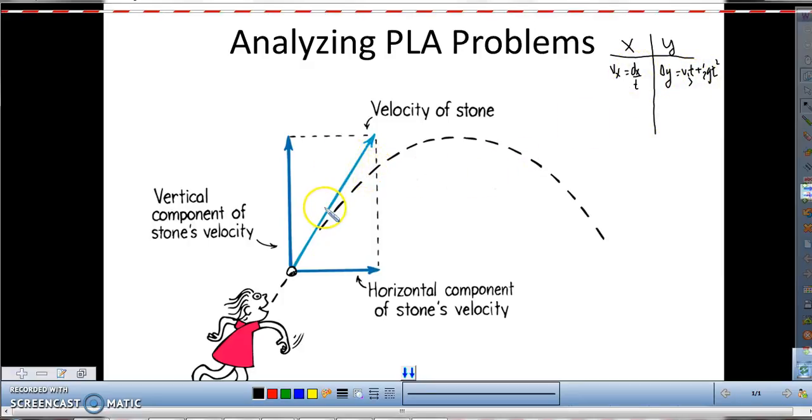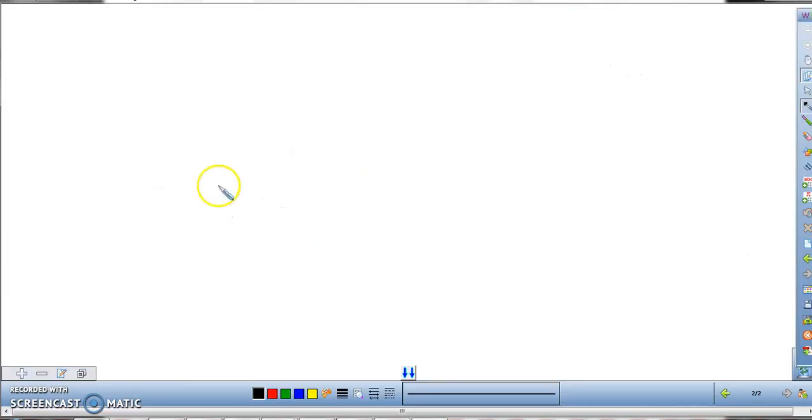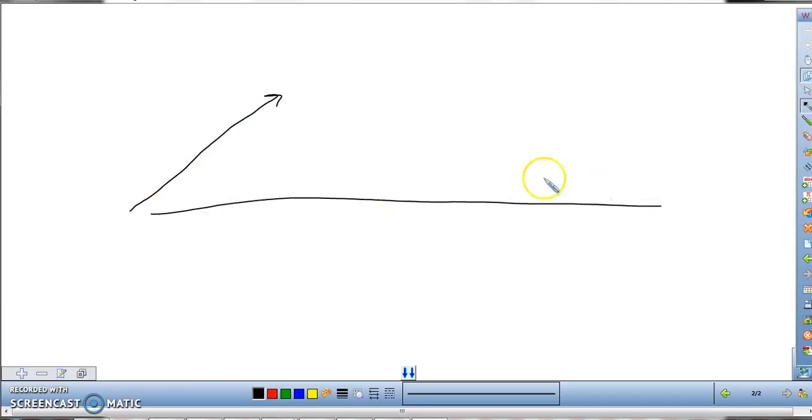So when you launch an object to begin with, I'm going to use a blank page, and it goes like this, more or less. Bad drawing, but you get the idea. This velocity has both x motion and y motion combined.